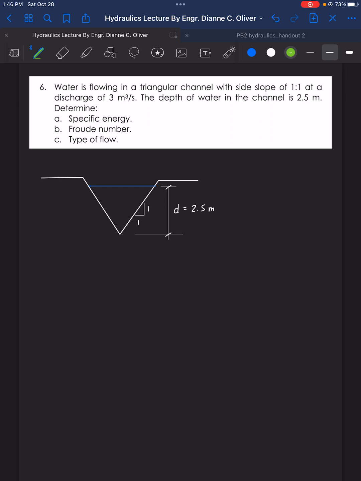So what we will have for its specific energy is E equal to the depth plus the velocity head, V squared over 2g.